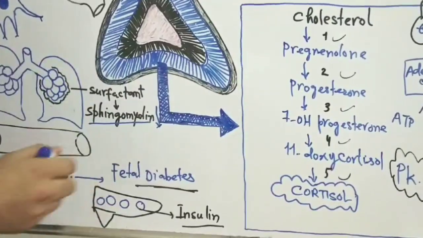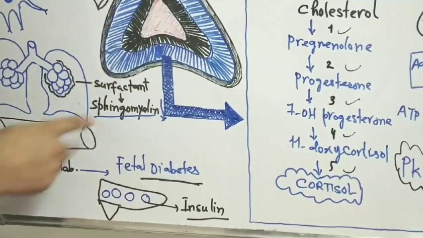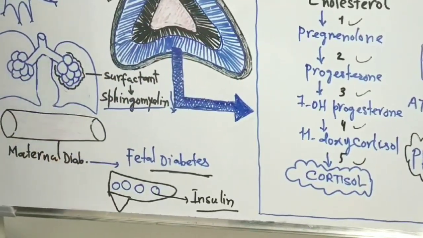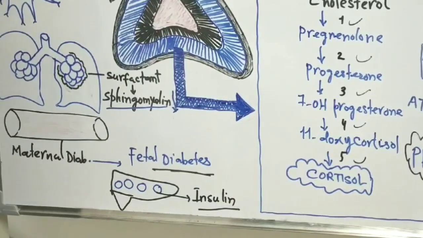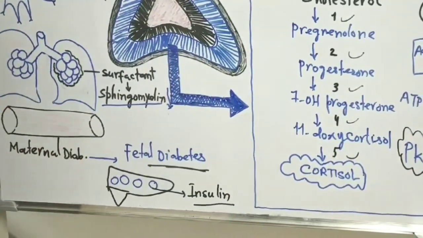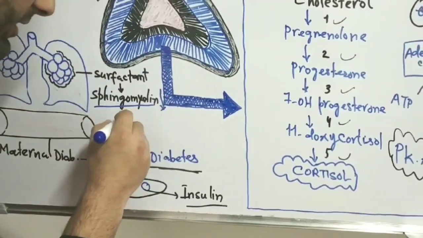When the sphingomyelin is less, then surfactant will also be very less, or we can say it will not be good for the exchange of gases. There will be low exchange of gases, and the baby will develop a disease which is called respiratory distress syndrome.